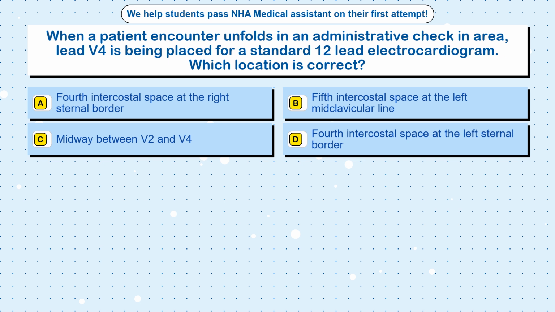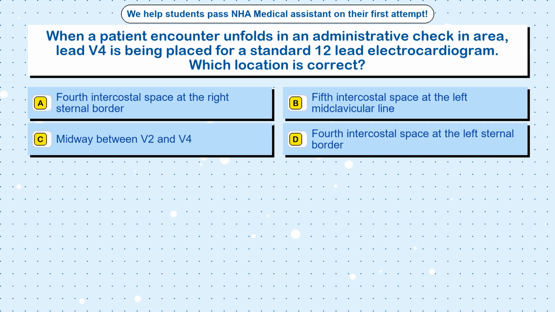Question 92. When a patient encounter unfolds in an administrative check-in area, lead V4 is being placed for a standard 12-lead electrocardiogram. Which location is correct? Option A, 4th intercostal space at the right sternal border. Option B, 5th intercostal space at the left midclavicular line. Option C, midway between V2 and V4.